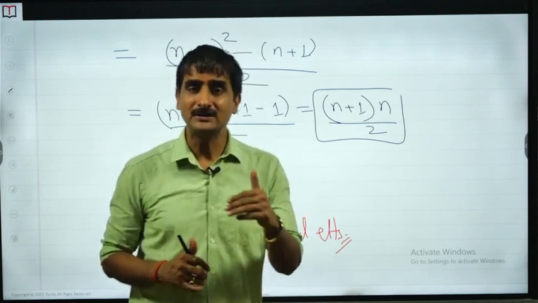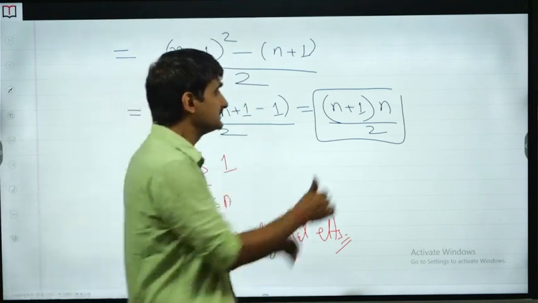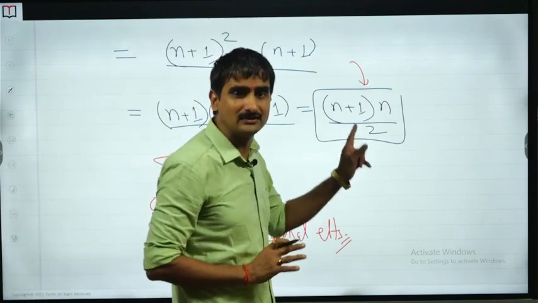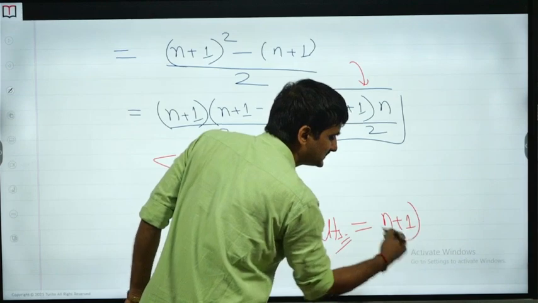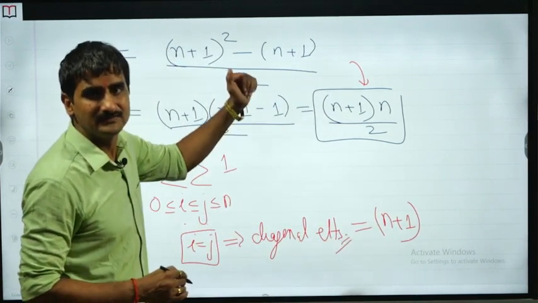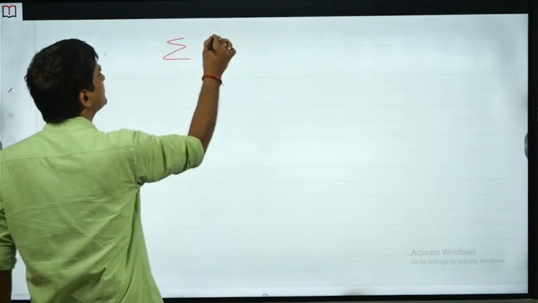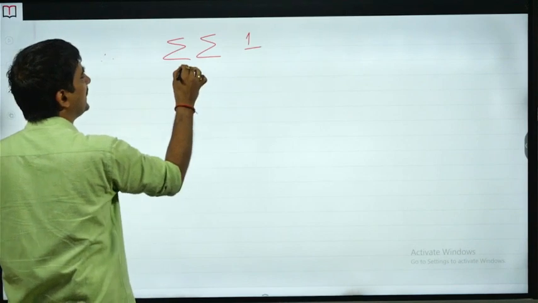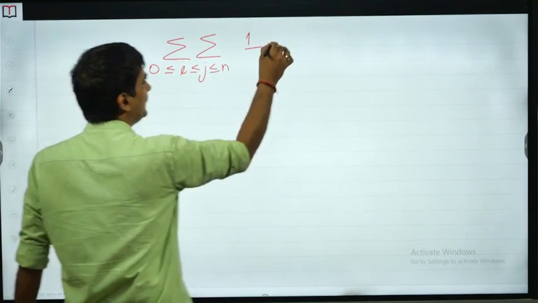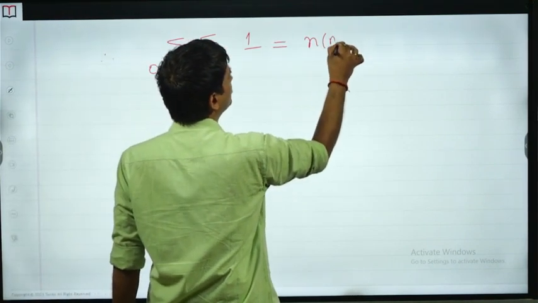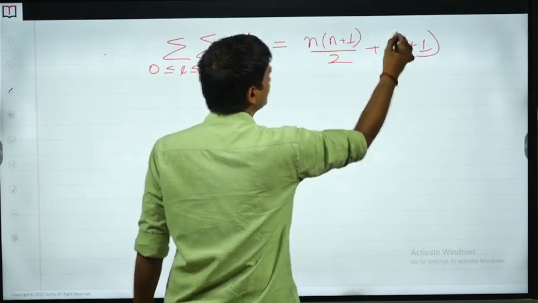If you are writing 1 ten times and you add them, you get 10. So the number of elements below the diagonal or above the diagonal is this many. The number of elements along the diagonal we already know is this many, so we just need to add them. Therefore the double summation of 1 when i goes from 0 and j is less than or equal to n is nothing but n into n plus 1 by 2 plus n plus 1, bachcho.